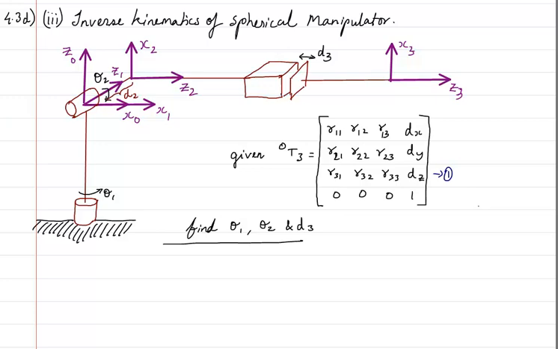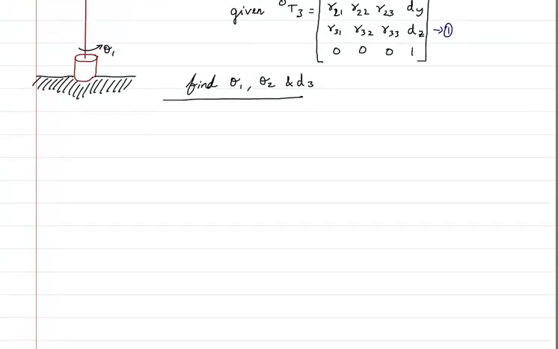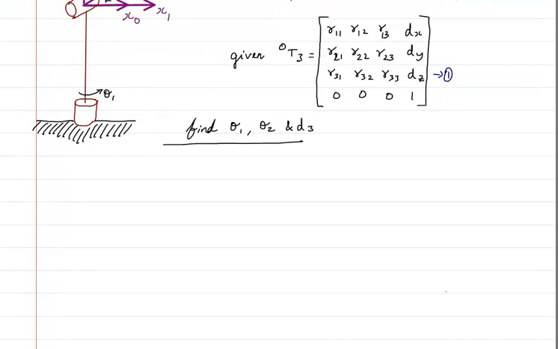Anyway, the same steps that we used previously, we will use here again. The first thing we have to do is write the link parameters. I have already discussed how to write the link parameters of this one, so I will directly substitute the link parameters into the equation of Ai that we have been using.